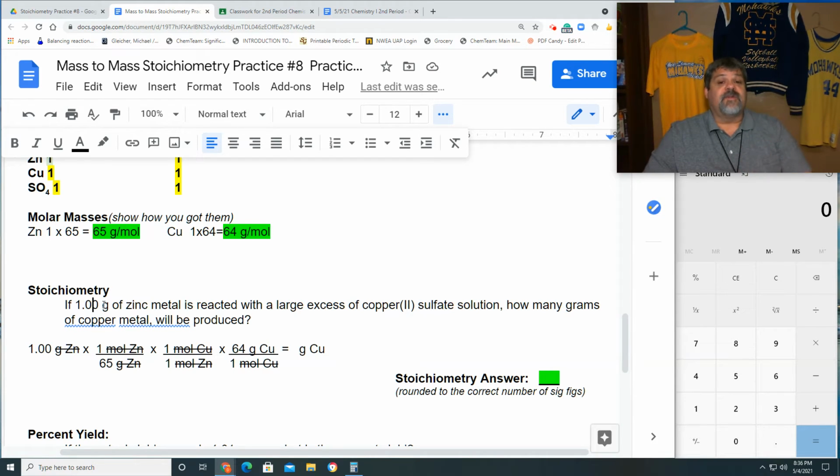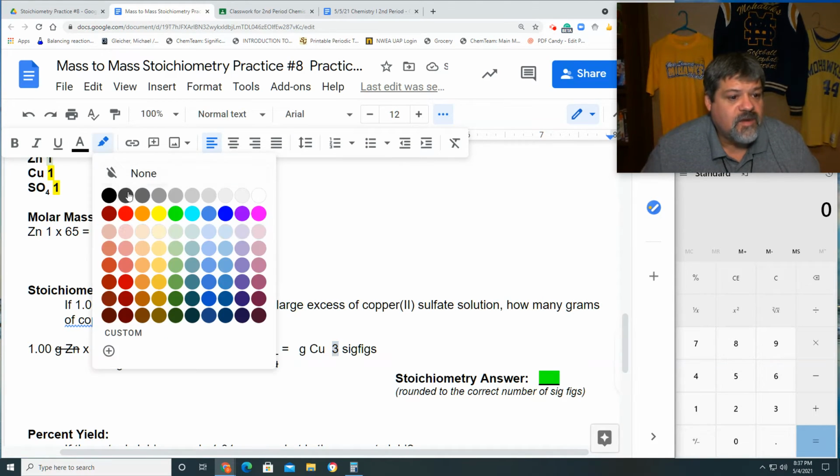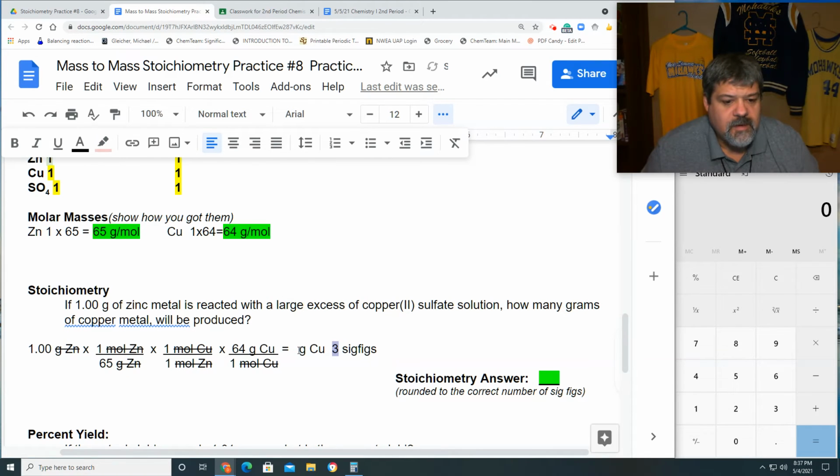And that's right, if there's a decimal in the number, and there is a decimal in this number, so that means we're going to have 3 sig figs. Okay, and again, I like to change that up with the color a little bit. So we're going to put our answer in here once we get it, and we're going to do all these ones right here as we go through. So we're going to put those in yellow.